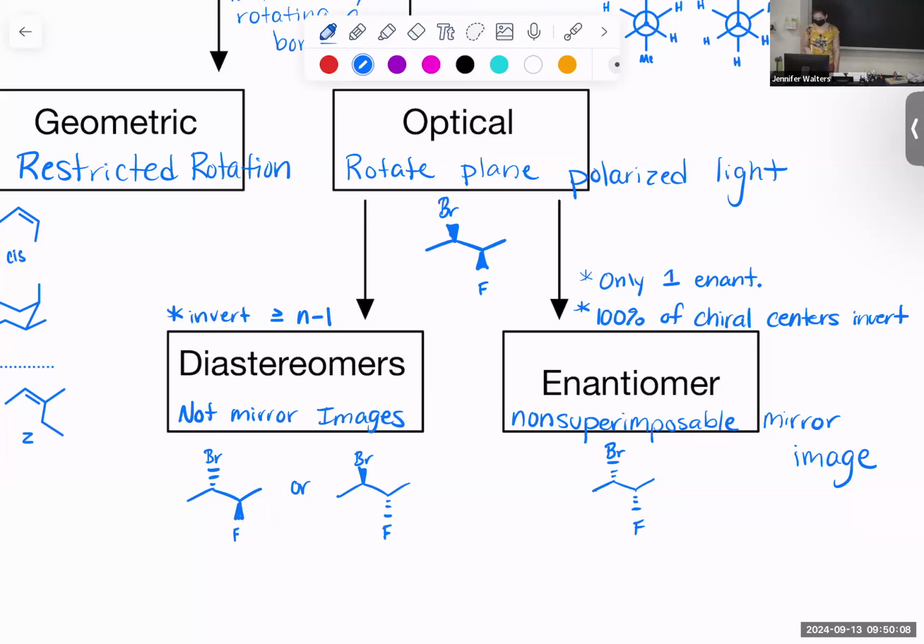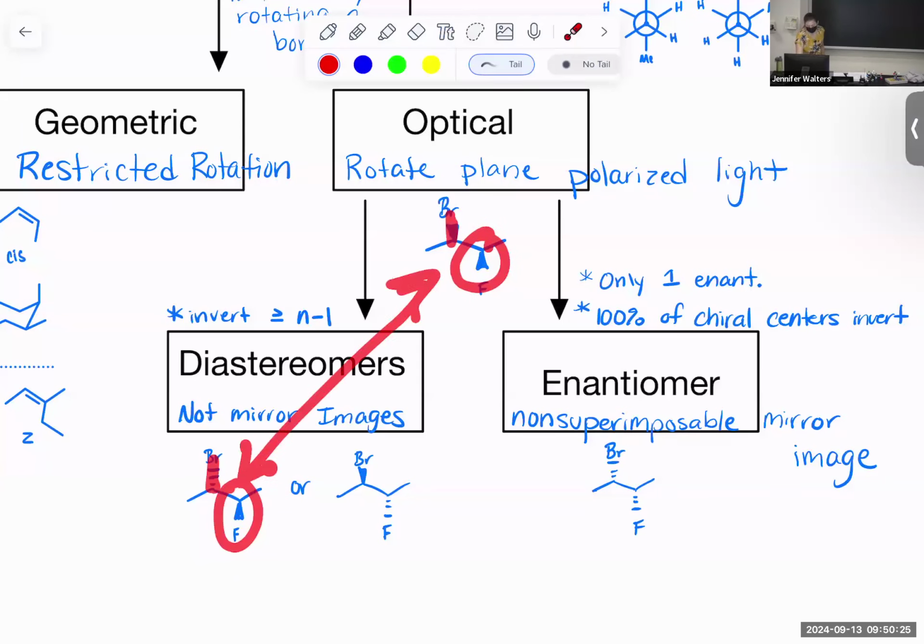So greater than or equal to n-1. You invert some, but not all of your chiral centers. So here, my bromine went from a wedge to a dash, and then the fluorine stayed a wedge. So these are going to be diastereomers. I flipped some, but not all.